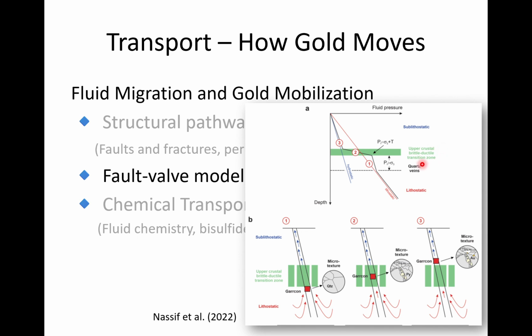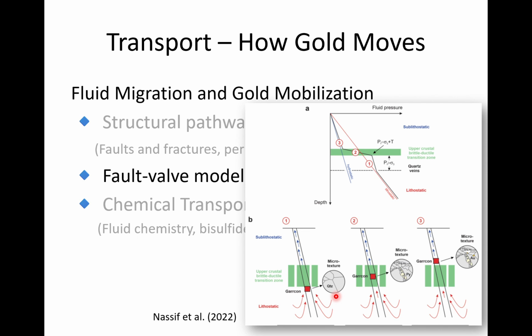Here we have the upper crustal brittle-ductile transition zone, or BDT. Stage 1 is below the BDT. We have a lithostatic regime. What's happening here is fluid pressure exceeds lithostatic pressure. Then we have fault-valve failure, which is actually a pressure release, and then a rapid pressure drop, flash vaporization, and phase separation.